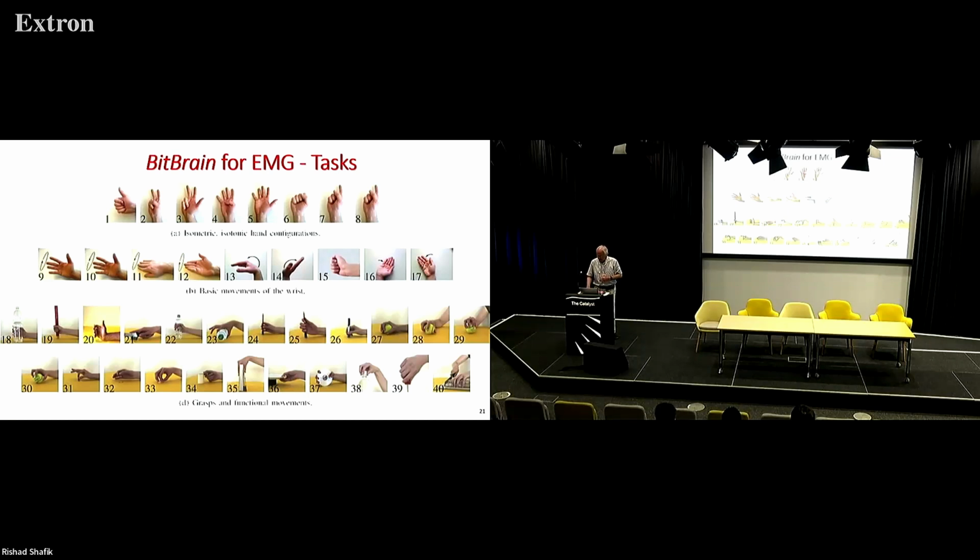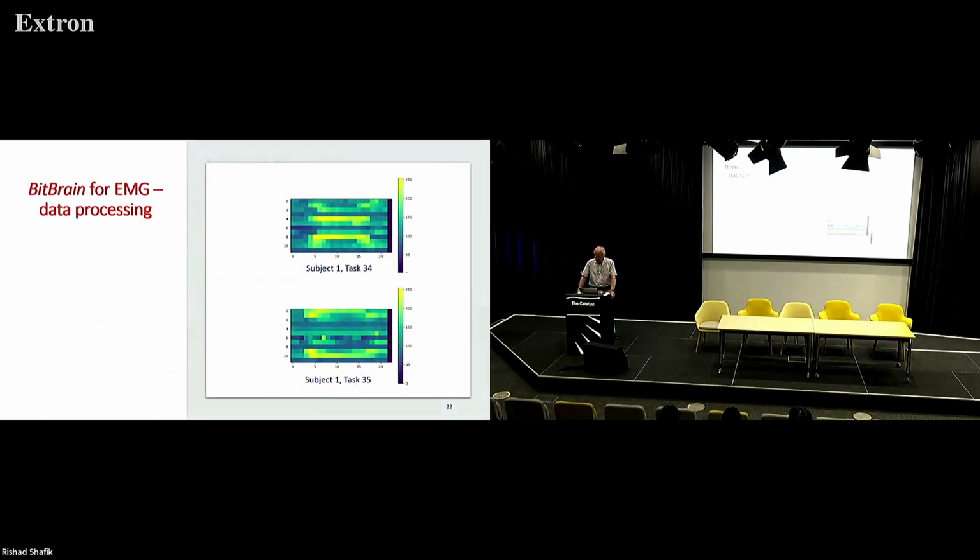And what that data looks like is we take the EMG samples over a particular period of time, and the 12 channels represent the vertical axis on these pictures, and the horizontal axis is effectively time, and it's showing the signal strength on the individual 12 channels as a function of time.